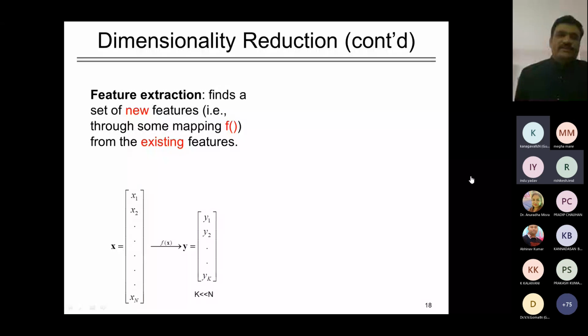So feature extraction finds a set of new features through some mapping from existing features like x1, x2, xn, a function of x, or y equal to y1, y2, yk.